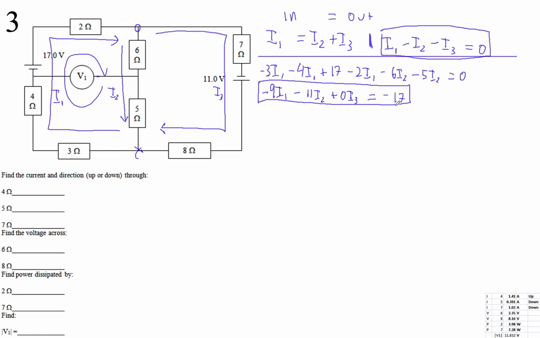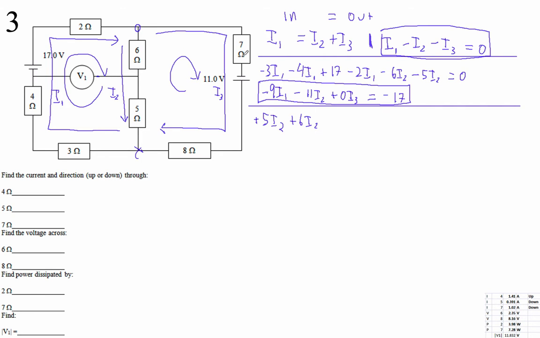Now let's do the same thing. We'll start in the same place, and then we'll go around this side here. I'll just go clockwise. I'm a creature of habit. So I'm going to go plus, notice I'm going upstream through I2. So plus 5I2, here we go, plus 6I2.